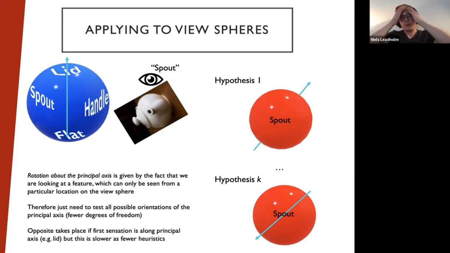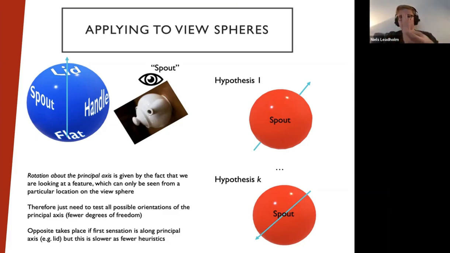Yeah. But anyways, the motivation for this is the hope that one of the benefits of the view sphere may be that it reduces the degrees of freedom of testing orientations of the object. In this case, where you're getting a sensation which in the reference frame of the view sphere is along the side, then you just have to test all the hypotheses about the orientation of the principal axis.